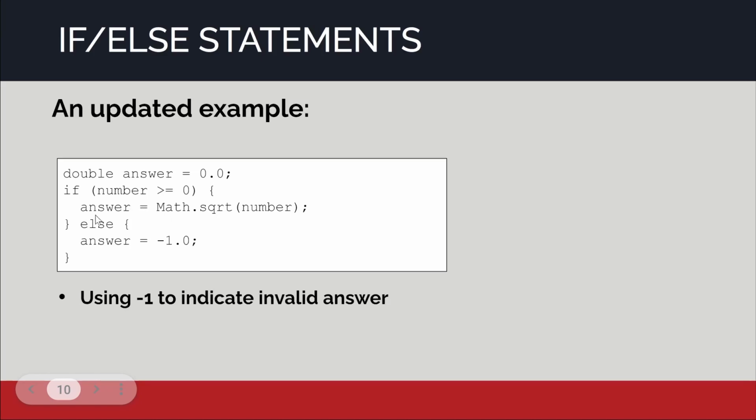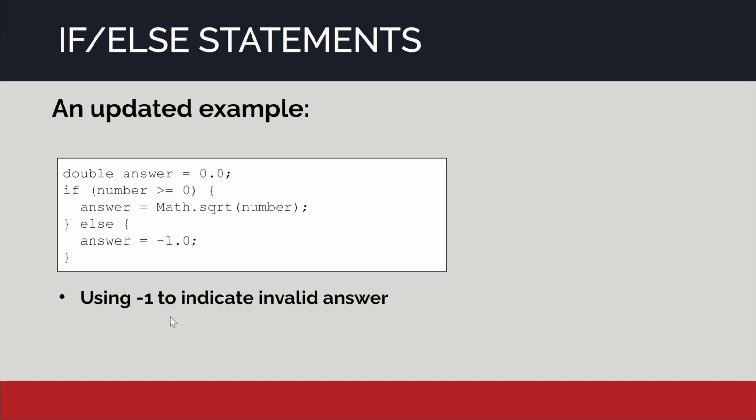And then if it's somehow not greater than or equal to 0, then we just return -1. -1 is actually a fairly common return value for an invalid answer. You can't return the correct answer for this, so you just return -1. And you probably should have, at the top of your method, put a comment saying that this returns -1 for invalid input.